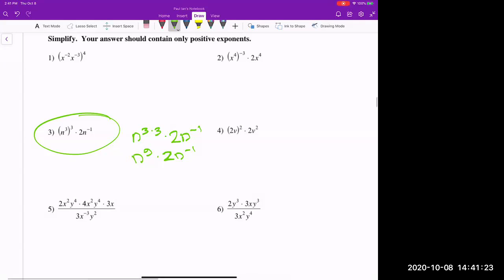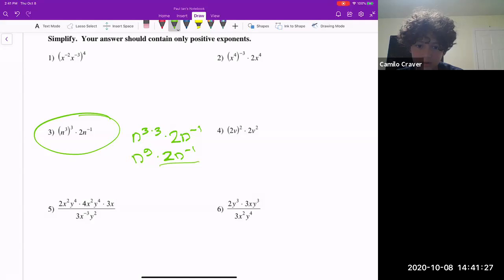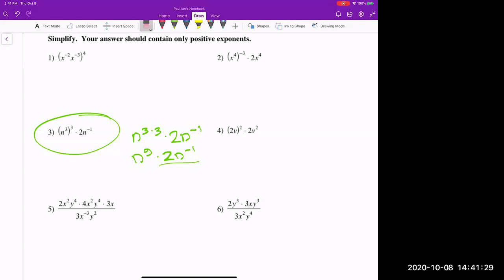Yeah, but then do you put both of them at the bottom? Yeah. The 2 doesn't have a negative 1, right? Yeah. So this one stays on top. It's only this guy, right? Okay.